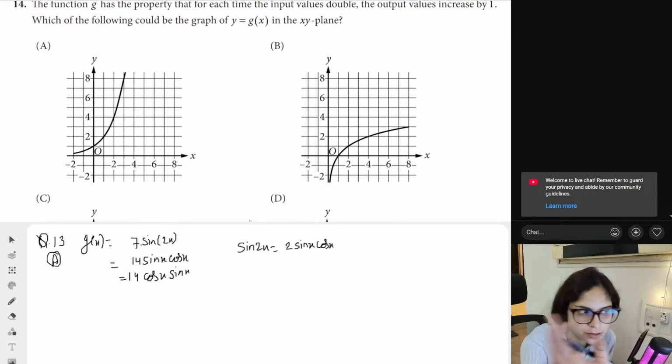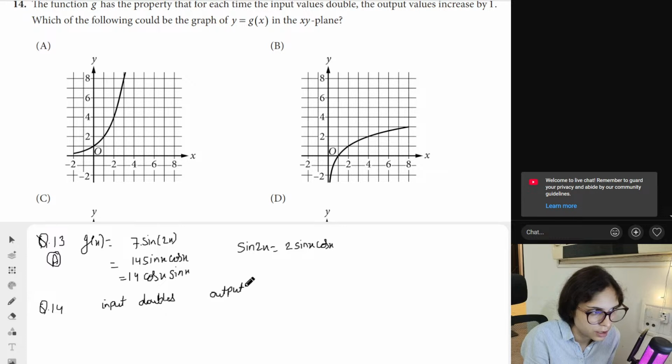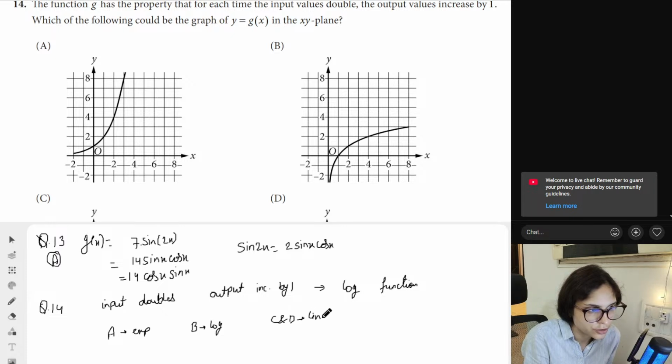So the answer is option B. They're saying input doubles, output increases by 1. This is the definition of a log function.